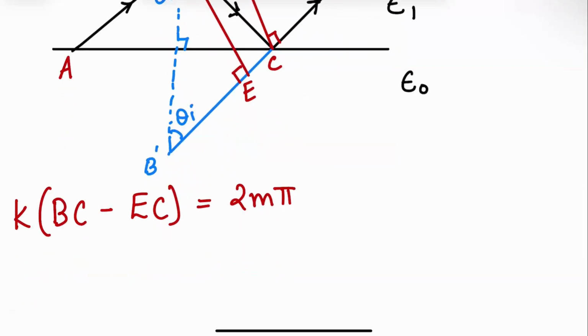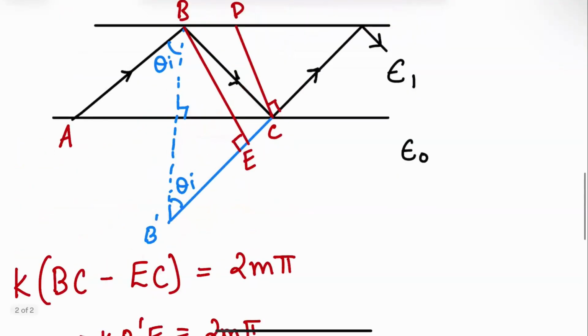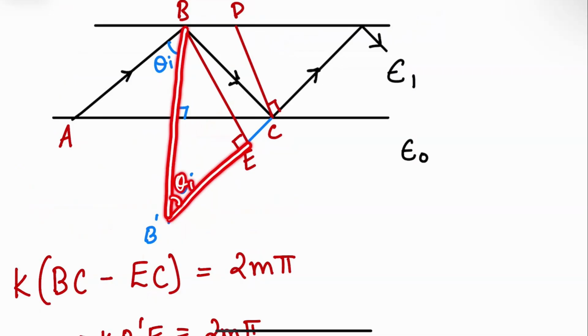So of course, BC minus EC is B prime E, which implies that B prime E times K must be 2m pi. And what is B prime E? It's this length, and that length is nothing but this total length times cosine theta I. And this total length is two times the thickness.